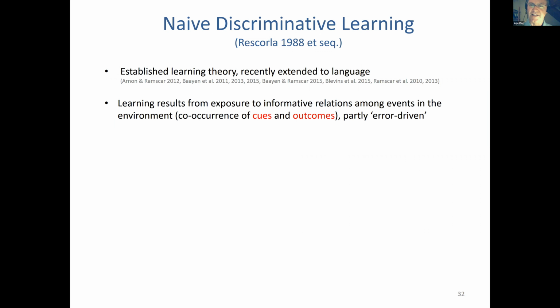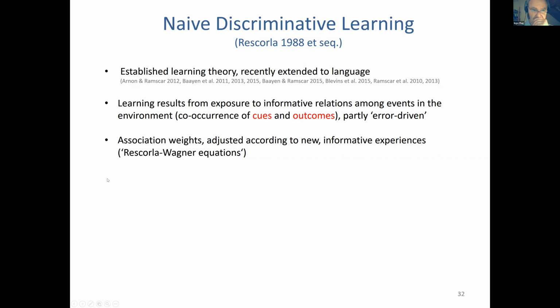So this is partly error-driven. So co-occurrences of cues and outcomes are taken into account, but also non-co-occurrences where you would expect them. In the end, you get association weights in a network, and these association weights are then adjusted according to new informative experiences.